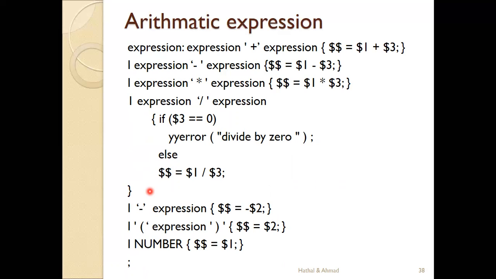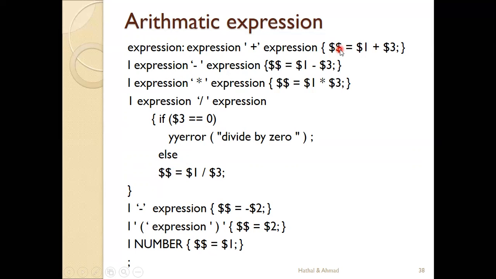This is an example of an arithmetic expression. Arithmetic expressions are represented using grammar productions, which are presented in this way. The first production: expression is defined as expression plus expression.